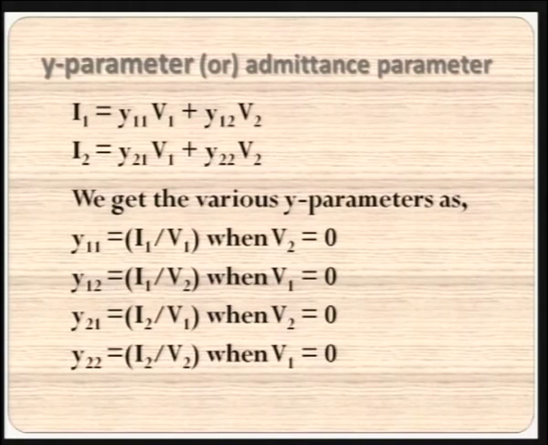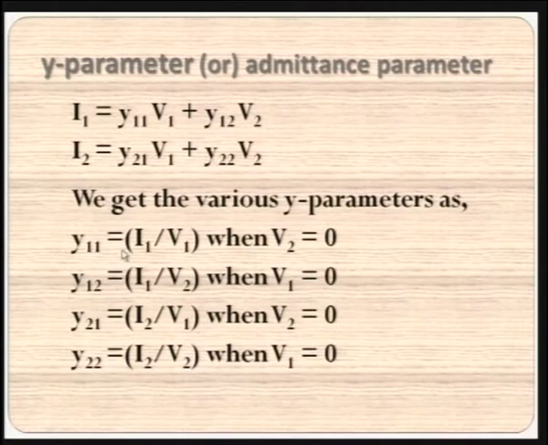In the Y parameter, we need to consider the voltage as 0. In the first equation, when we take V2 as 0, we get an expression for Y11. And as I have discussed in the previous case, we need to take V1 as 0 to get Y12. It is repeated for the second equation also.